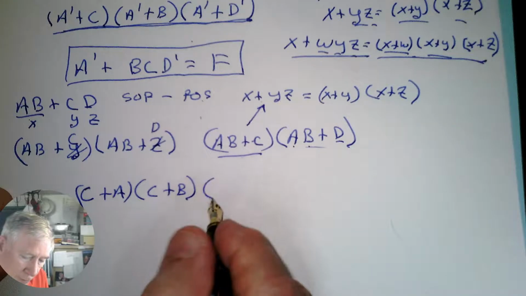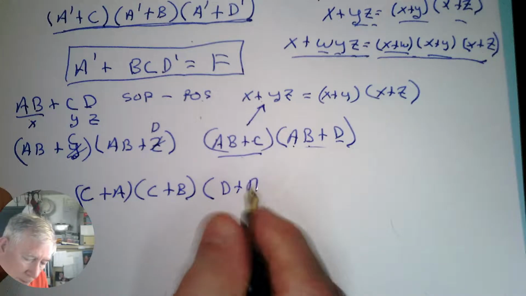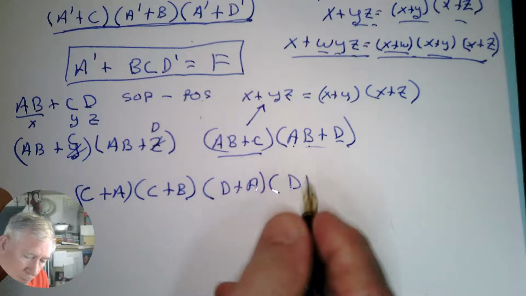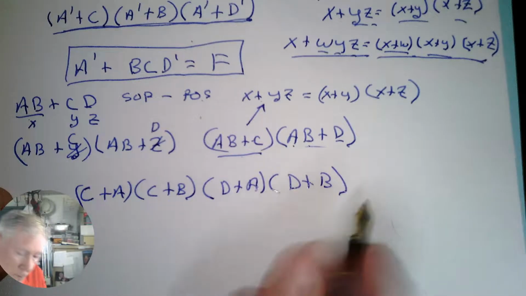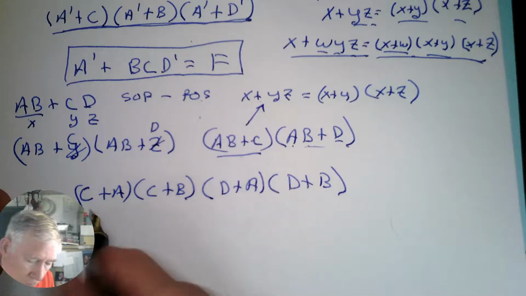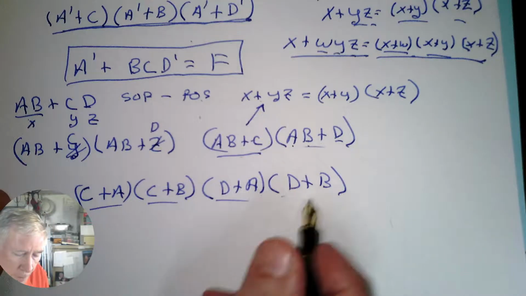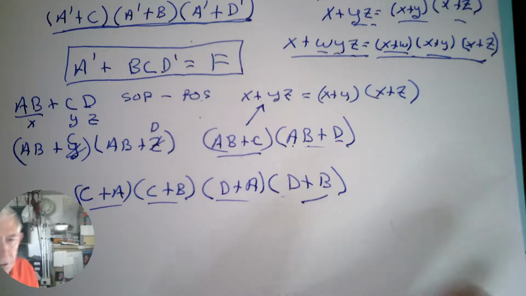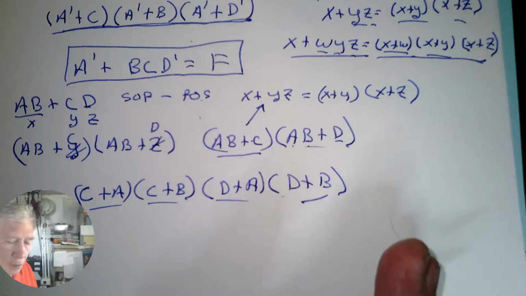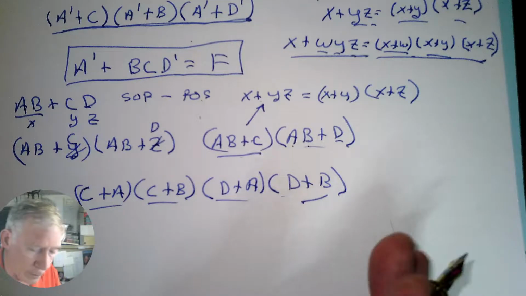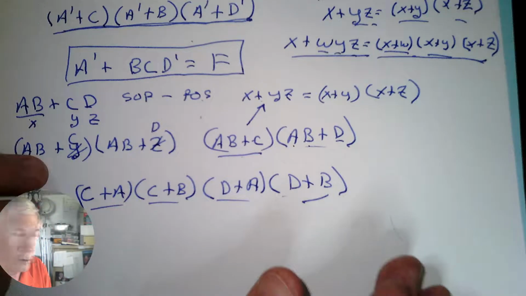And so I just get D plus A times D plus B. So that's my answer. 4 terms. 1, 2, 3, 4. And that's one of those basic conversions that you should do a couple times. Make sure you're comfortable with that. That also could appear.